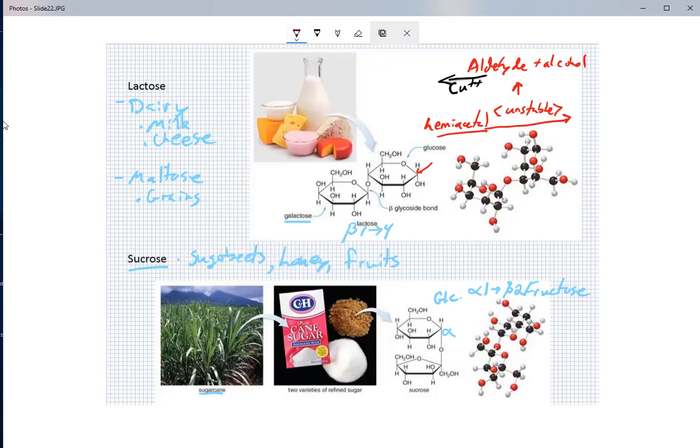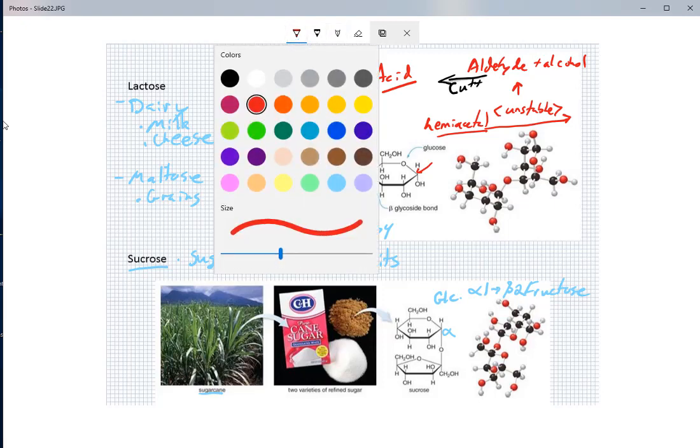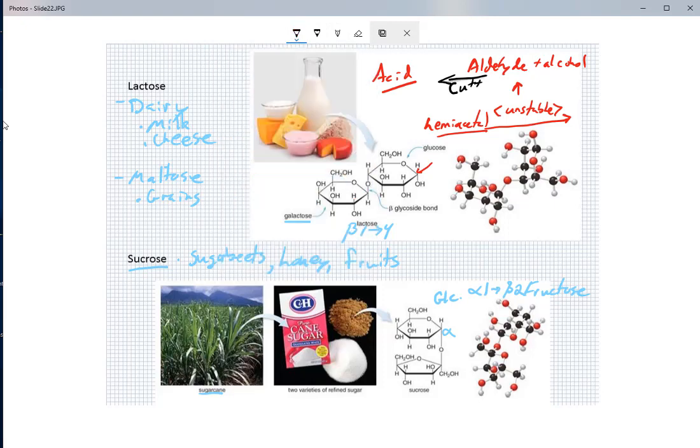In the process, the aldehyde gets oxidized to an acid. And so something that has a hemiacetal like this, that can open up and reveal the aldehyde, is referred to as a reducing sugar. Lactose and maltose are both reducing sugars.